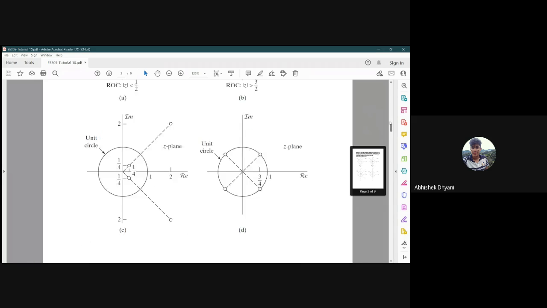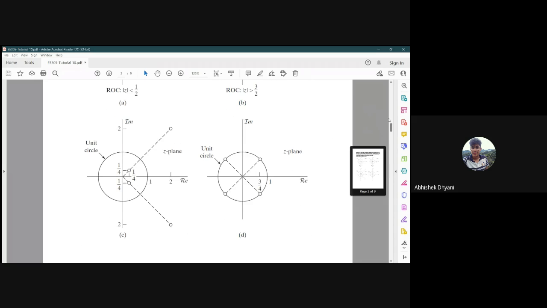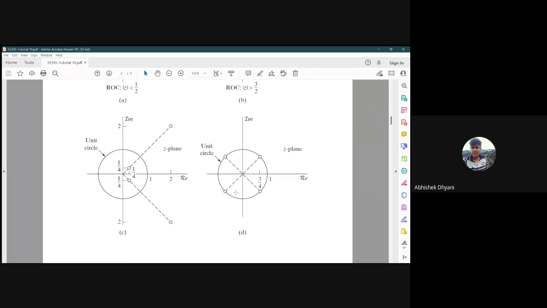No, actually, for it to be a general phase system, there must be zeros at -1, which is this point, 1 or 0, or at infinity.